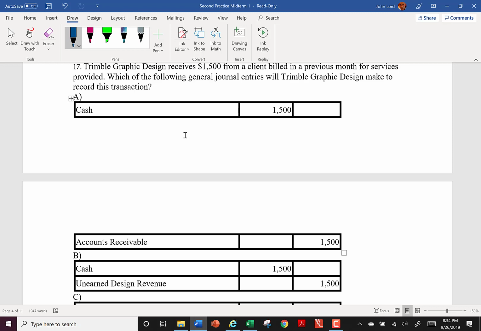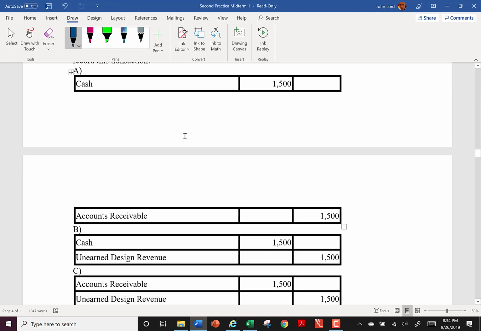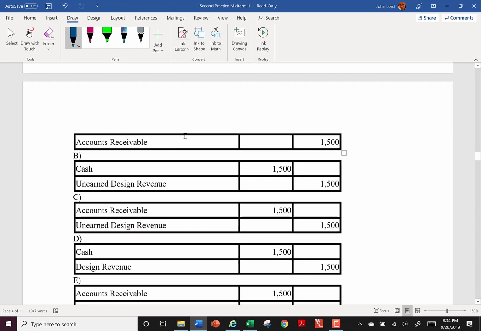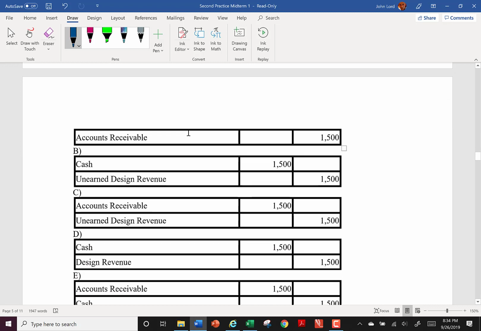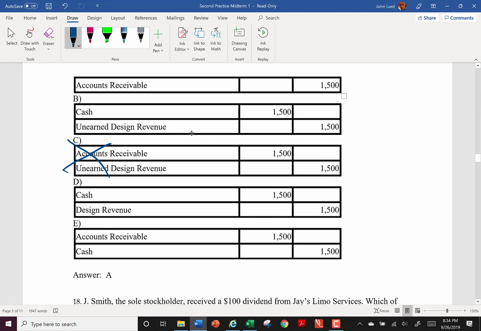Now let me ask you out of the gate, if you receive cash, does your cash increase? Yes. So do you have to debit cash? Okay, so we've got to look at the answers quickly here. A has a chance, B has a chance, C has no chance because we know we have to debit cash, don't we? E has no chance because we know we have to debit cash, don't we?